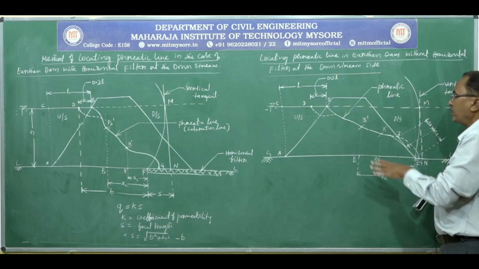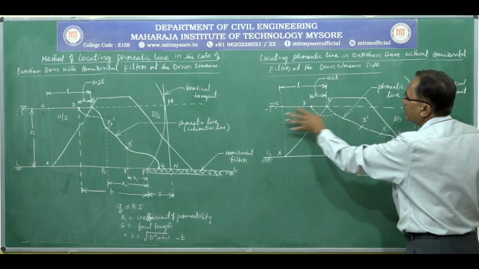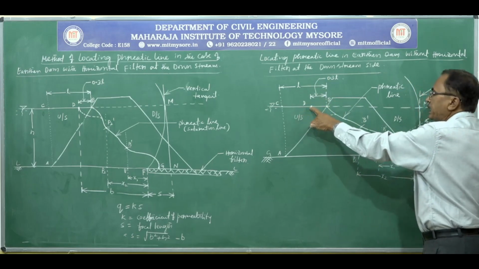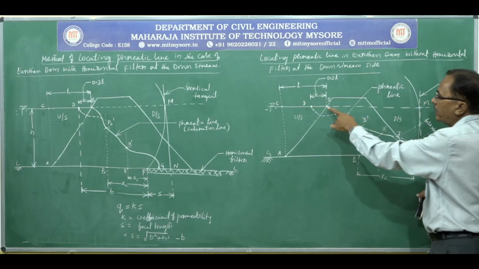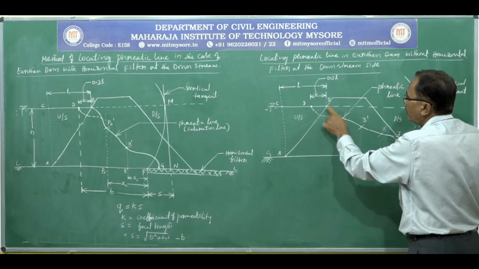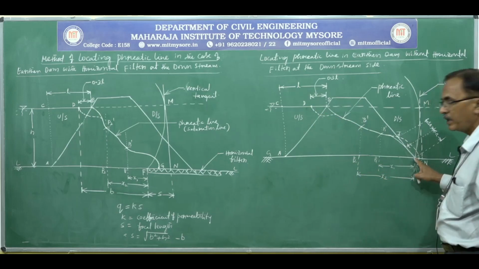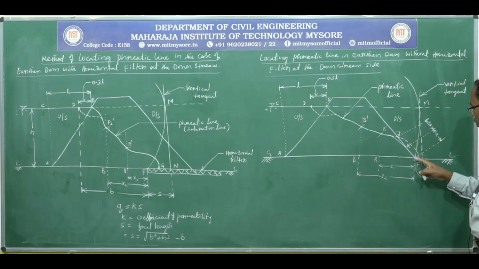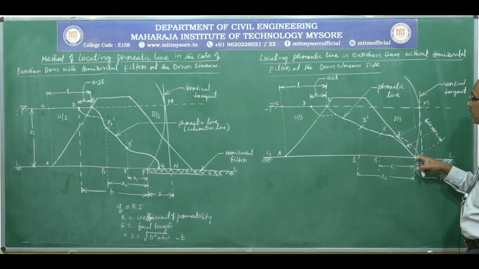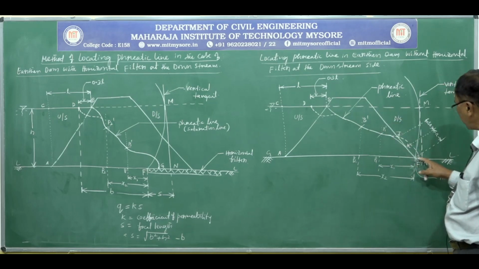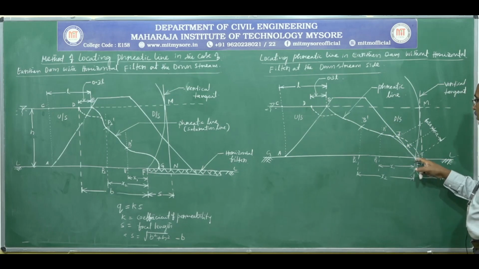Here we locate point C, then point D at a distance 0.3 times L. D is the theoretical commencing point of the phreatic line, and actually the phreatic line will start at point B. With D as center, DF as the radius, F is the toe point, the last point of the downstream corner of the earthen dam. The point where the slope intersects the ground surface is called the toe.